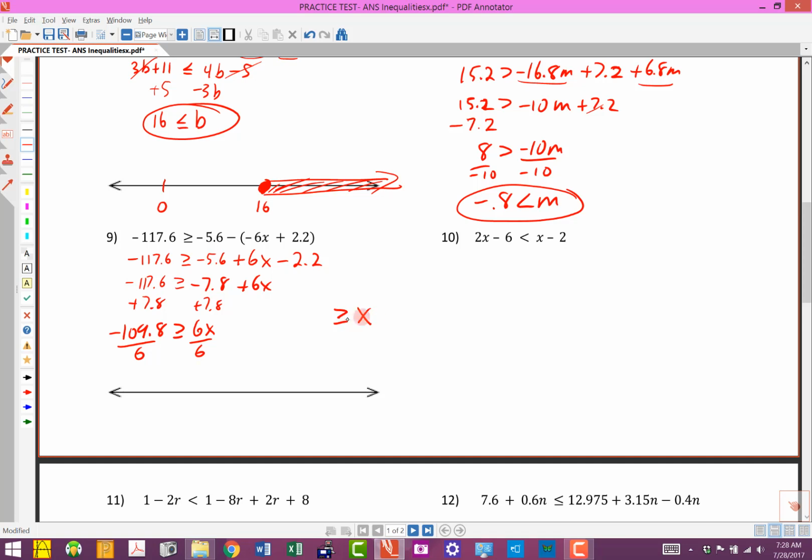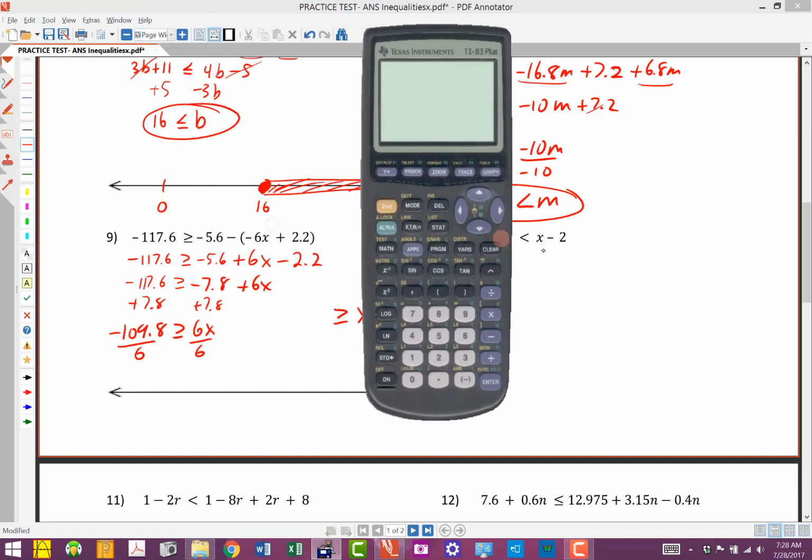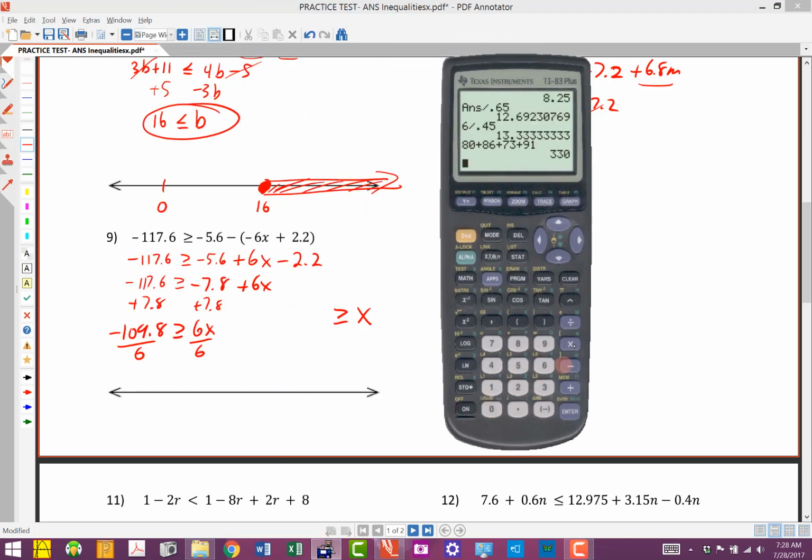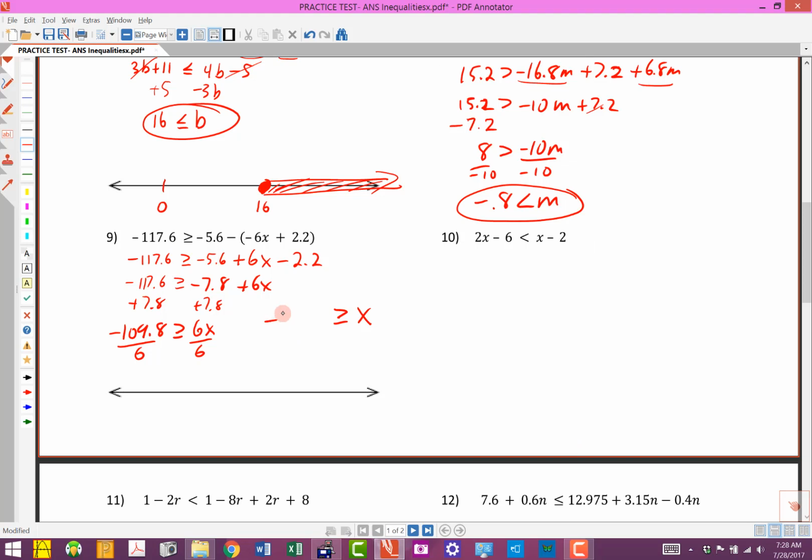We're going to leave that reading backwards a less than, and I'm going to throw this one in the calculator really quickly. We've got negative, whoops, clear that off, negative 109.8 divided by 6, negative 18.3, so negative 18.3, and there's our answer. So I'm going to put 0 here.